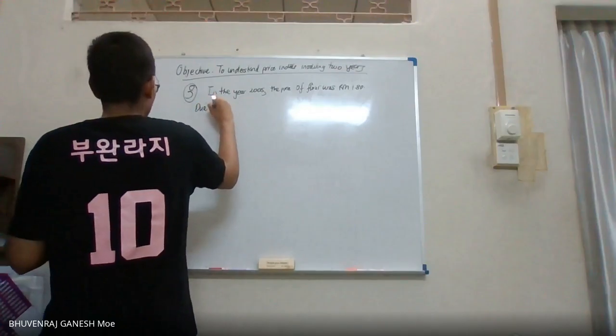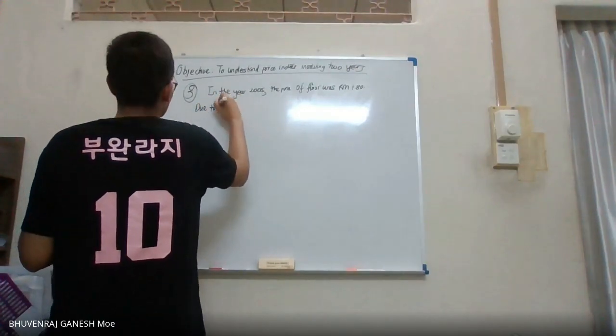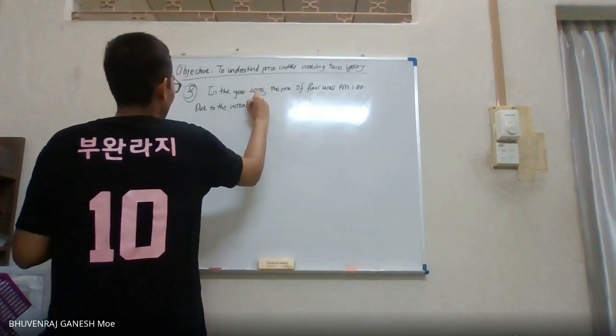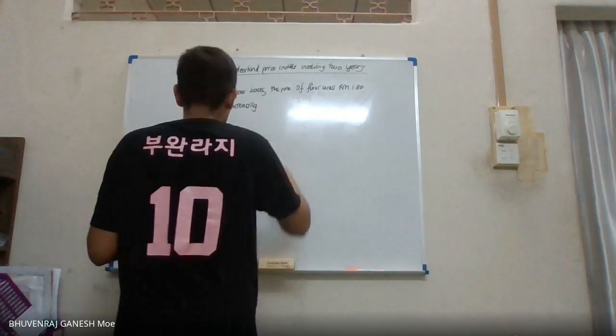Here also there is a tweak. I didn't give you directly the value in the next year. So you have to interpret the price in the next year, then only you find the price index in the end.